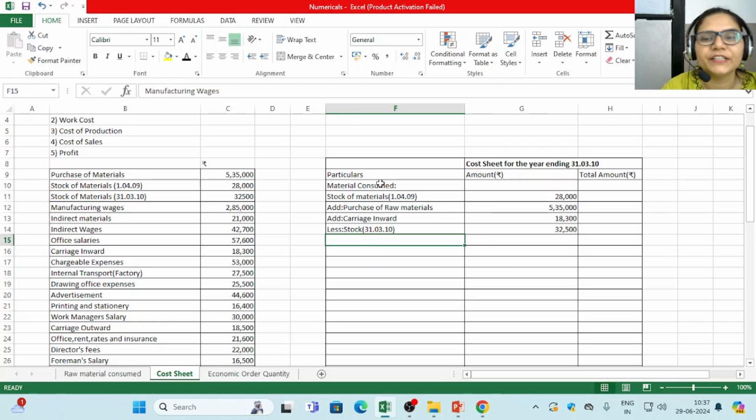Finally, after adding and deducting the value of closing stock, we arrive at the final value of material consumed, which is rupees 5,48,800.